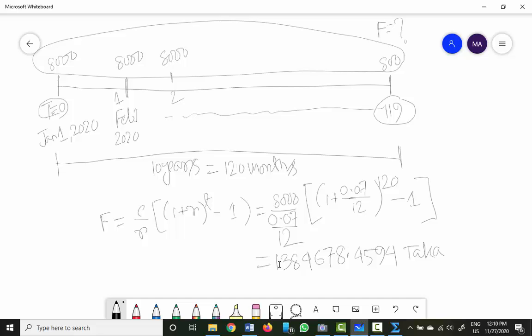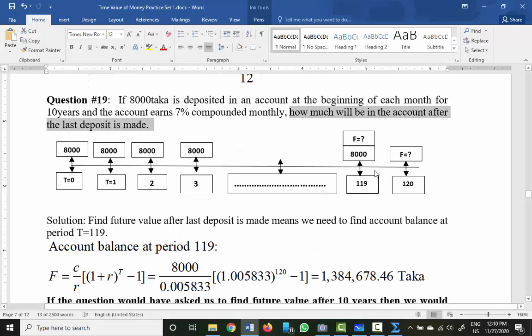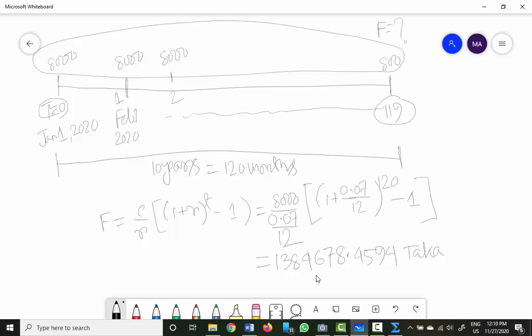So here we will get this amount of money. So when the question asks how much will be in the account after the last deposit is made, the answer is this one. This is the period you made your last deposit, and this is the future value you will get at the time of the last deposit, or after the last deposit, or after maturity.